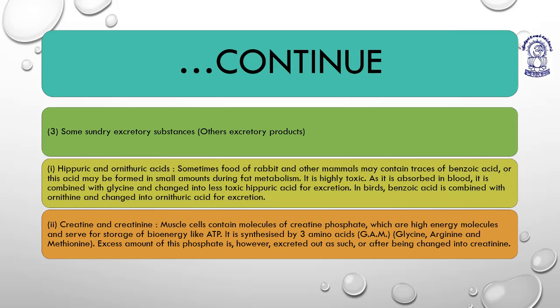There are some other excretory substances, like hippuric acid or ornithuric acid. The mammals excrete benzoic acid as hippuric acid.